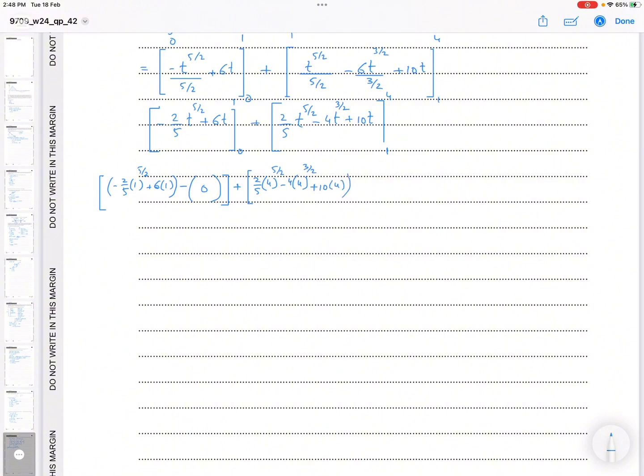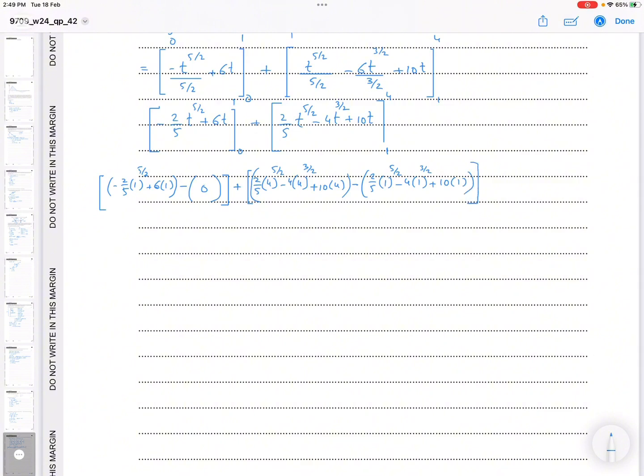This is my upper limit minus lower limit is 1, so you have to write 2 over 5, 1 power 5 by 2 minus 4 times 1 power 3 by 2 plus 10 into 1.